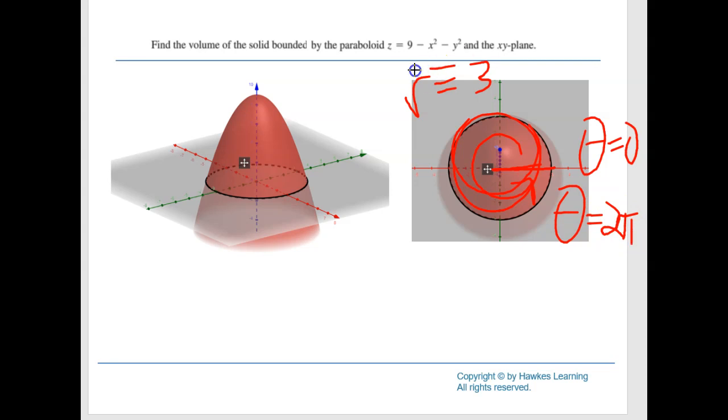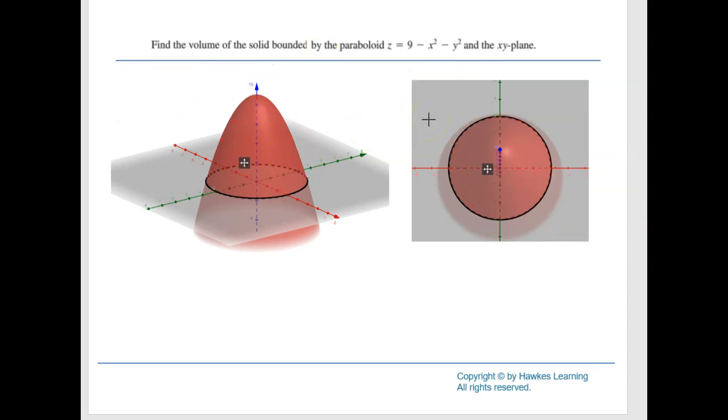The other thing we've got to get down is our integral. Our integrand was 9 minus x squared minus y squared. Well, remember, r squared is x squared plus y squared, so negative r squared is negative x squared minus y squared. That means I can write our new equation as z equals 9 minus r squared.